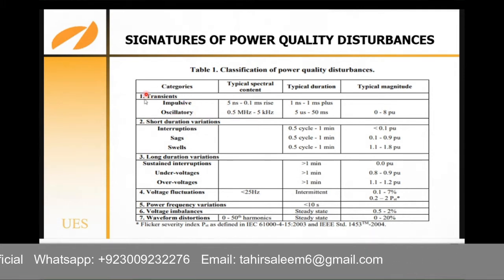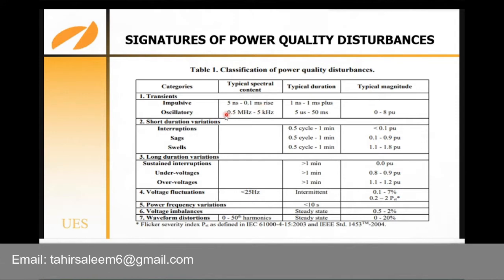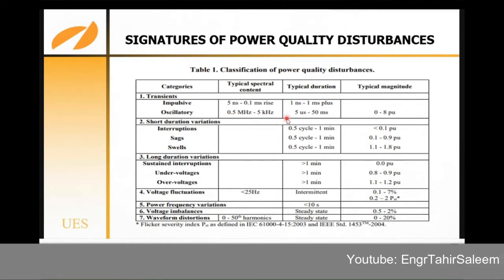Both are part of transient disturbance. And this is the typical spectral content, that is, how much frequency or time period these can have, and the typical duration, how much time they can be seen on the waveform.